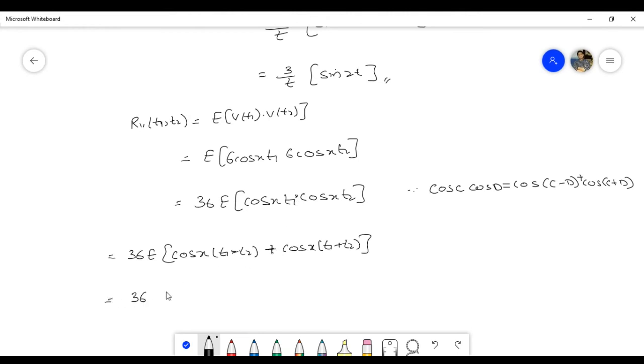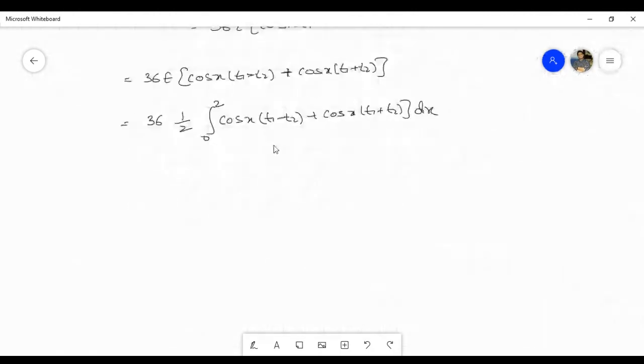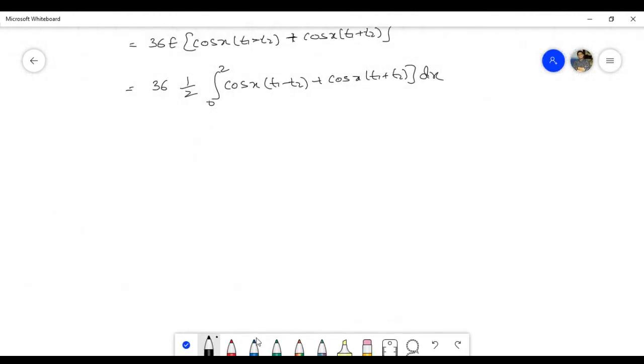So 36 times 1 by 2, integral from 0 to 2, we will remove the x value here, of cosine x(t1 minus t2) plus cosine x(t1 plus t2) dx. Let us find the integration here. Simple. It is 18.